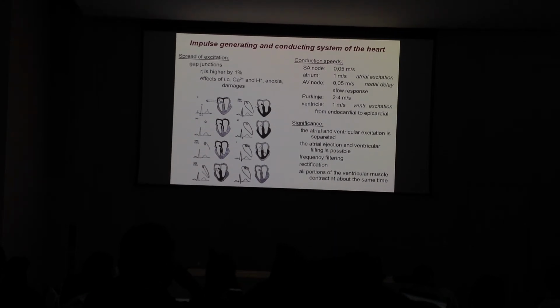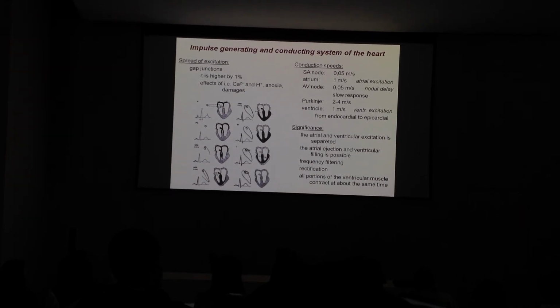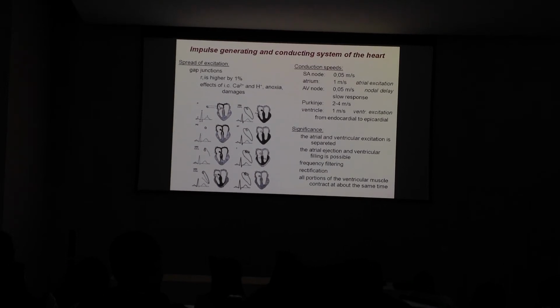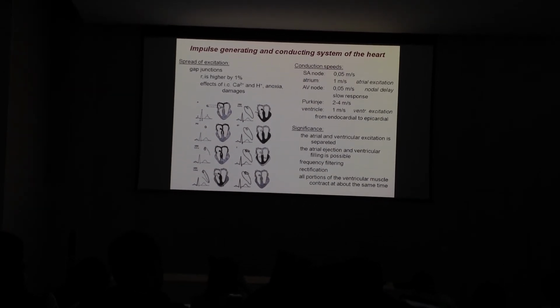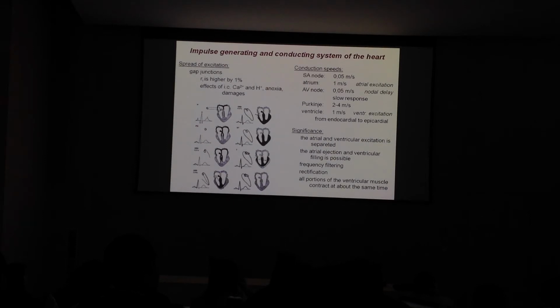It filters the high frequency and does not allow the remaining 250 or 300 action potentials, because the refractory period of the AV node is very long-lasting and the refractoriness does not allow their crossing.